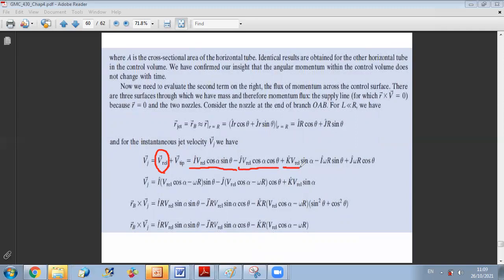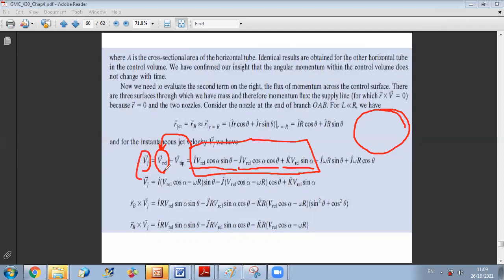And along K is plus V relative sine alpha K. These three terms stand for V relative, the relative velocity exiting the control volume. Now, remember that our control volume is fixed, and all velocities involved in the angular momentum relation are absolute velocities.